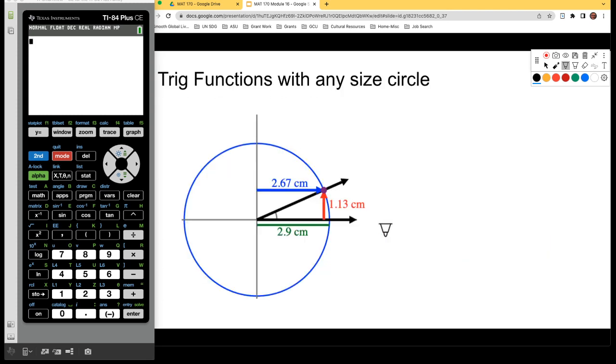Now let's take a look at how we could actually calculate these trig functions given a circle of any size. And so this is not a unit circle. It has a radius, as we see here in the green, of 2.9 centimeters. It gives us a right triangle in here. So I'm going to kind of highlight that out there.